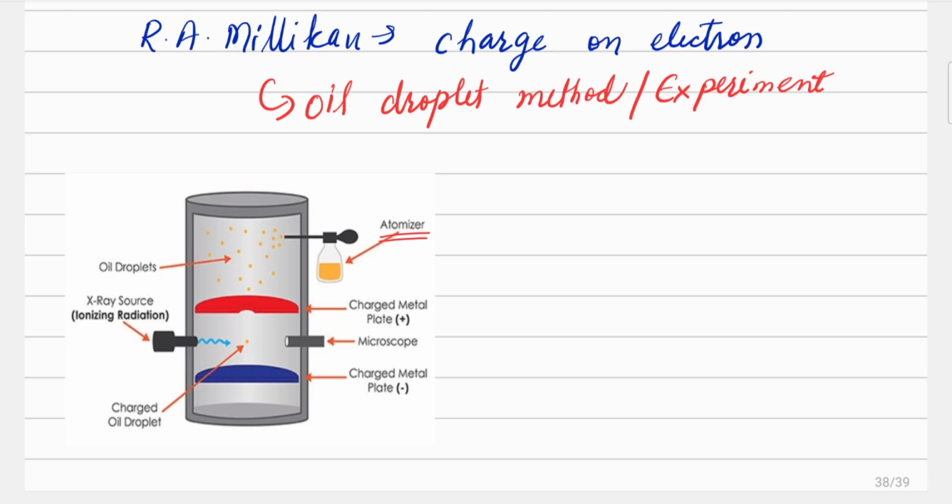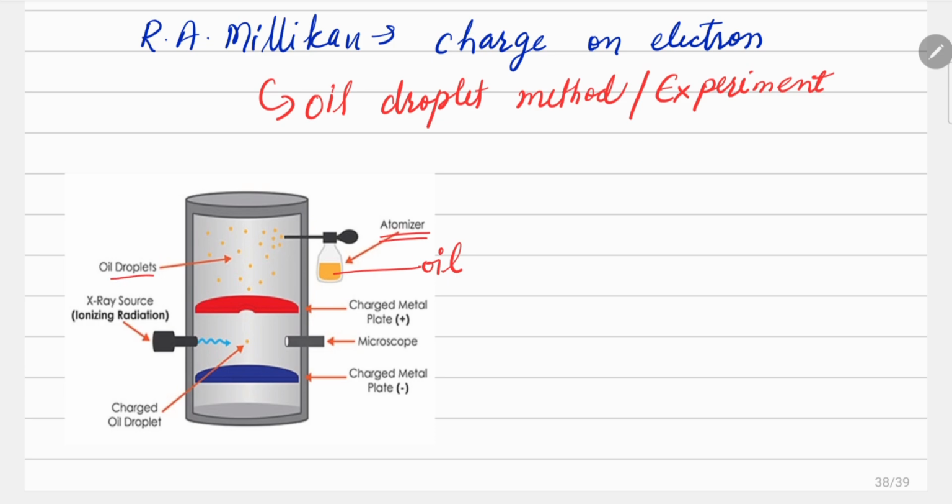The spray which makes that watery or oily material into very small drops, or very fine mist, is known as an atomizer. So there was oil in the atomizer, and through the atomizer he made very small oil droplets.